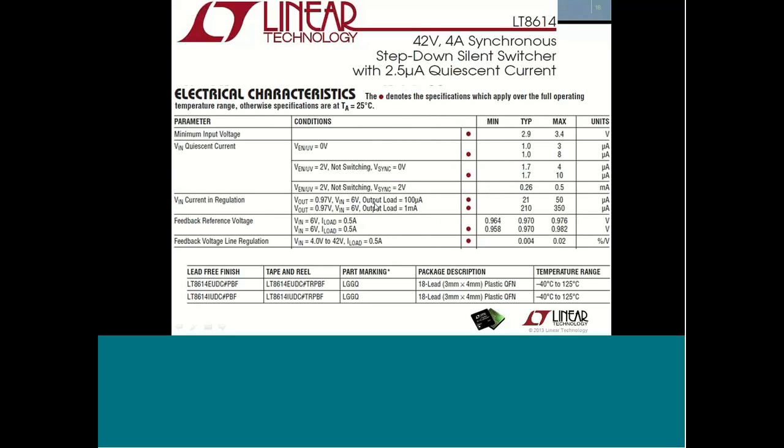When you take a look at the electrical characteristics table inside the data sheet, you can see some red dots along with some parameters. This red dot means that this particular parameter was tested over the full temperature range of the product which it is rated for.